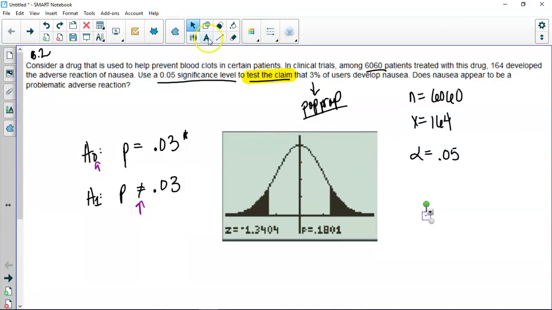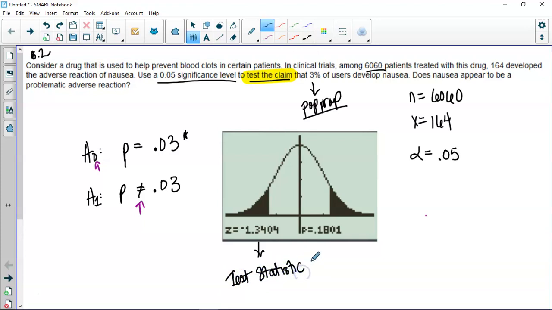This right here is your critical Z. This is your test statistic. So if you've gone through the PowerPoint, I often talk about the test statistic as the dart. If this lovely little bump was a weird looking dartboard and you threw the test stat at the dartboard, would it land in the section that the alpha is cut off?